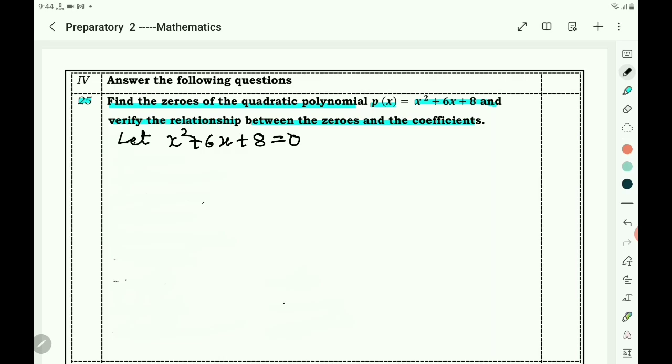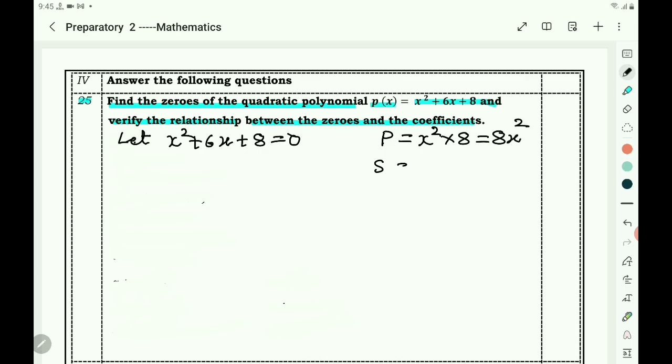Here to find the zeros, we have to split the middle term of the LHS. The product is x square into 8, 8x square. Then you write product equals x square into 8 equals 8x square.